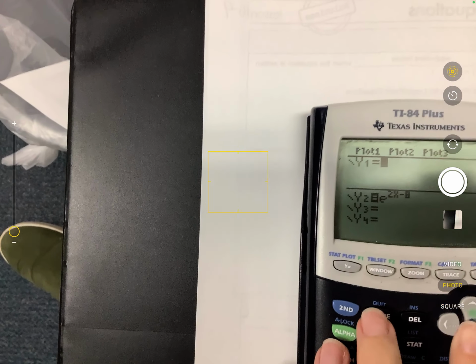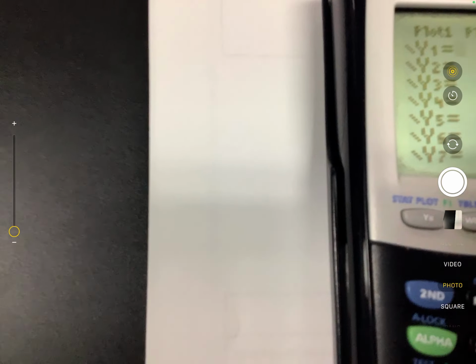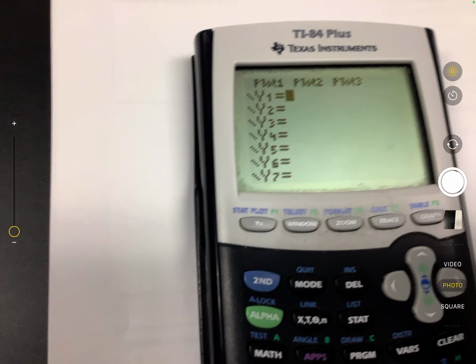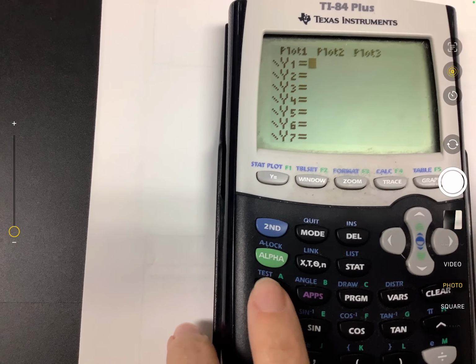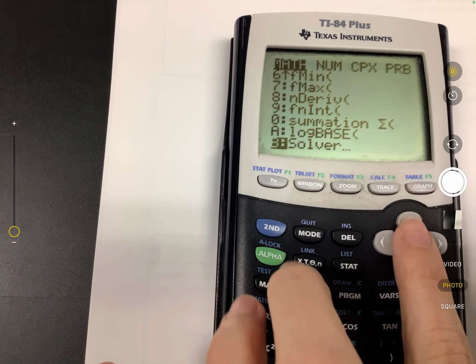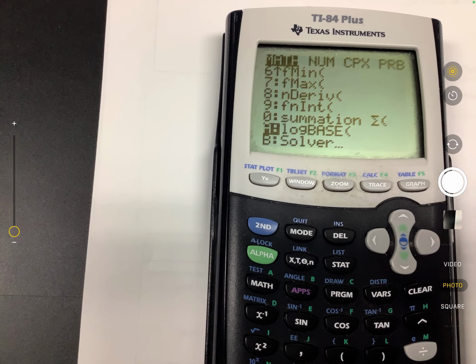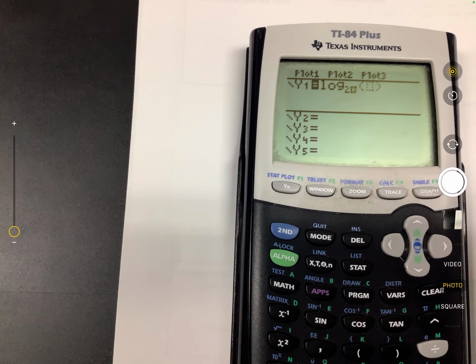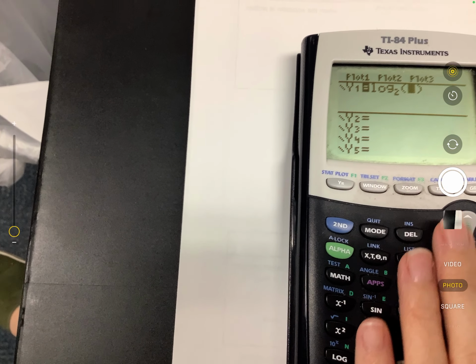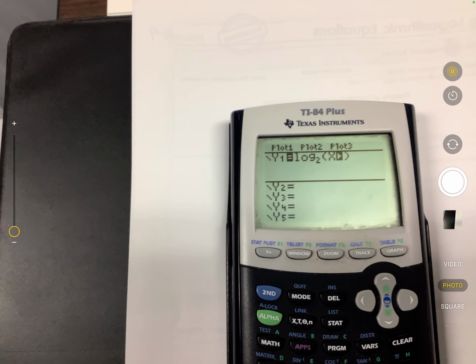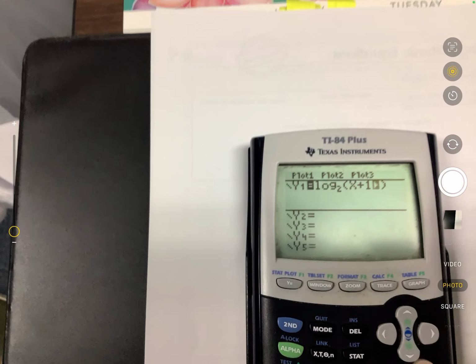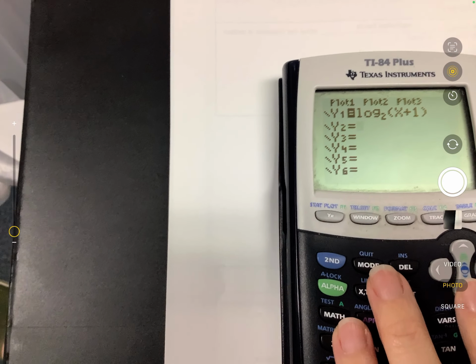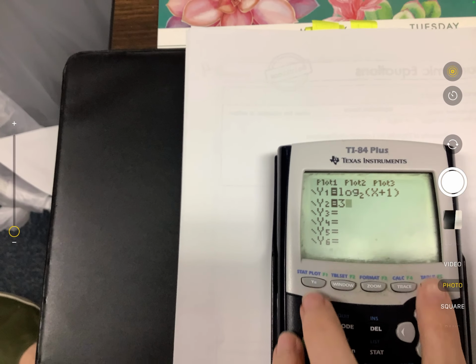So go into y equals, clearing out what we have. We're typing in log base 2, so I need to do math up, log base, changing my base to 2, and then inside parentheses. All of it needs to be in parentheses because there are parentheses on my paper. And then I need a 3.